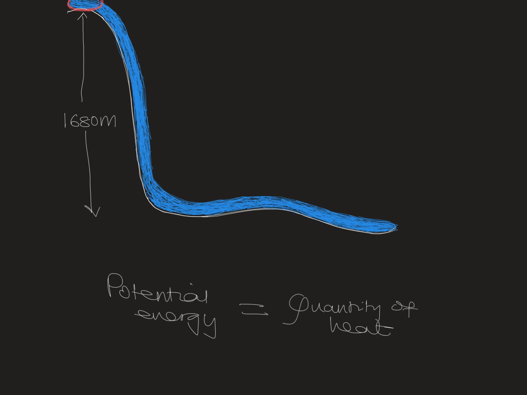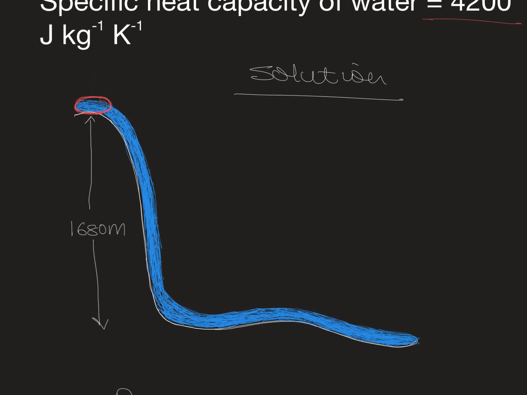So it is this principle that explains why the water at the bottom of a waterfall is having a higher temperature or is warmer than the water at the top.